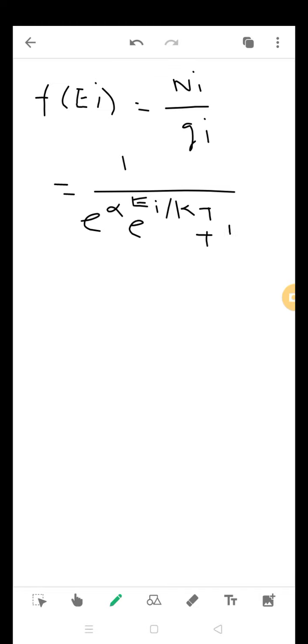So instead of minus 1, as in the case of BE, we obtain a value plus 1.